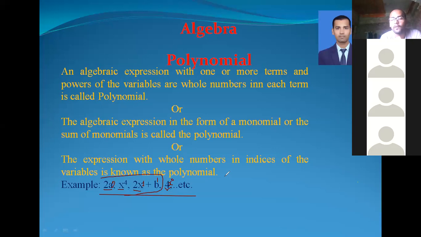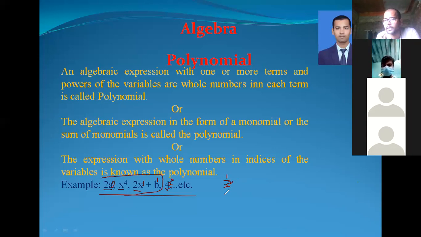Suppose somewhere you can see 1 by x, somewhere you can see 1 by x square. That means the variable is in the form of a fraction, so this term is not considered a polynomial. But when x is given like this, it is considered a polynomial.